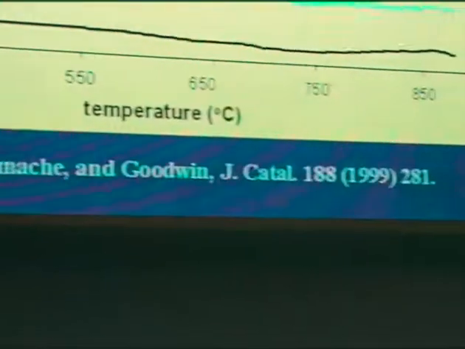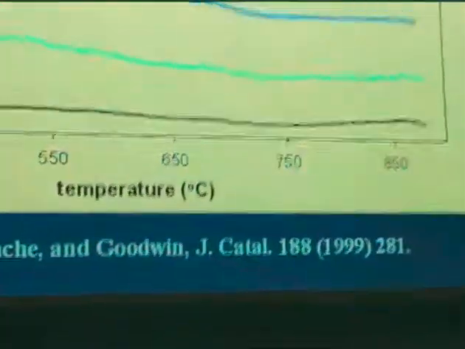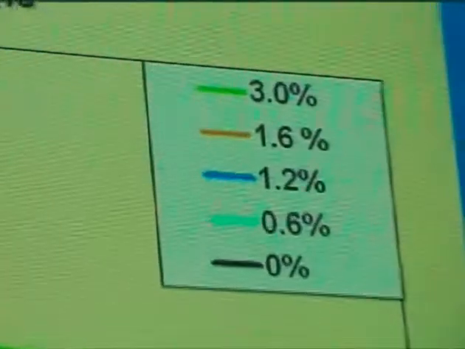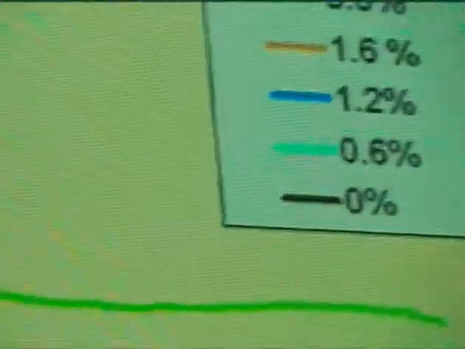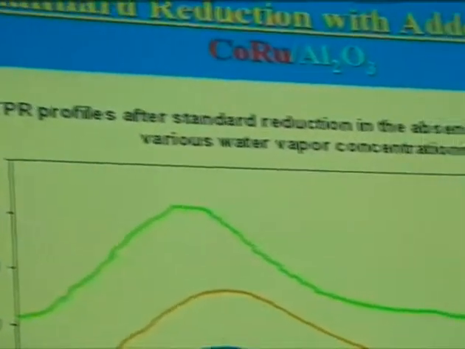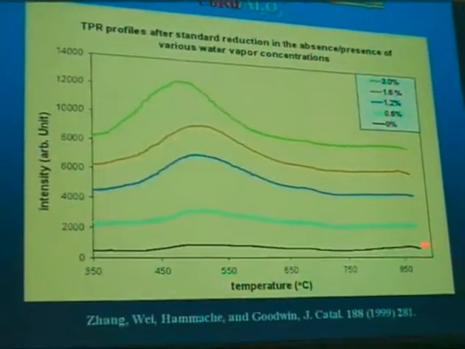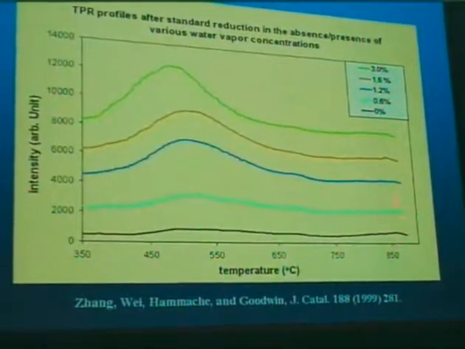Now here is TPR after standard reduction of a cobalt ruthenium on alumina catalyst that has been exposed to various amounts of water vapor during the standard reduction. This is how much reduction can be gotten as you go from 350, the reduction temperature, to higher temperature.